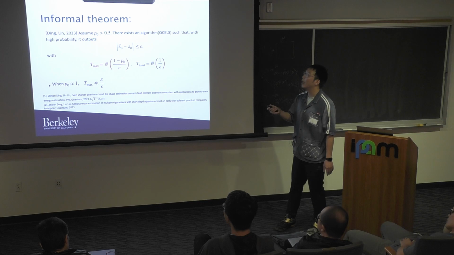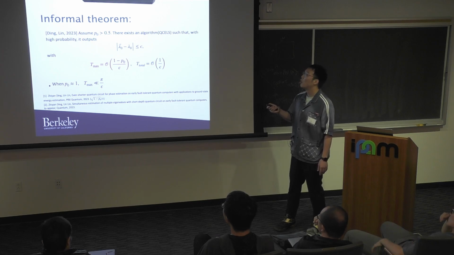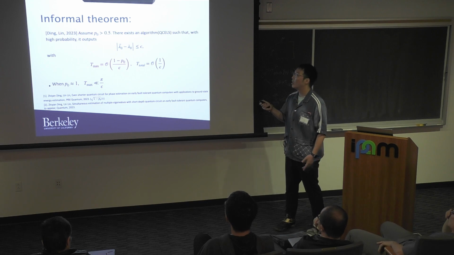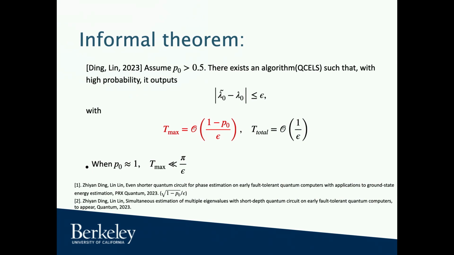Assume this P0 is larger than 0.5. We can find an algorithm, we call it QCELS, such that with high probability we can achieve this epsilon accuracy with this Tmax, which is order 1 minus P0 over epsilon, and the total running time is order 1 over epsilon.